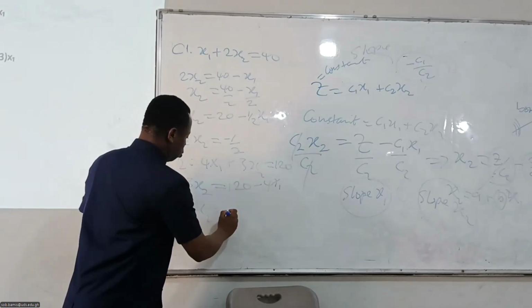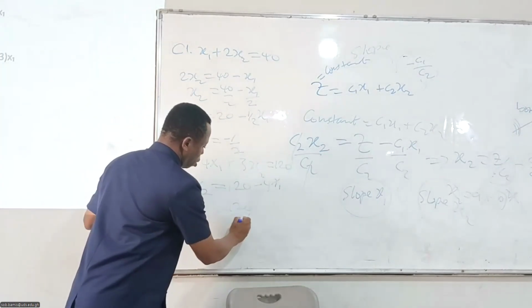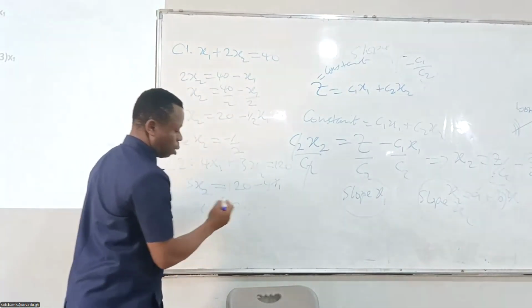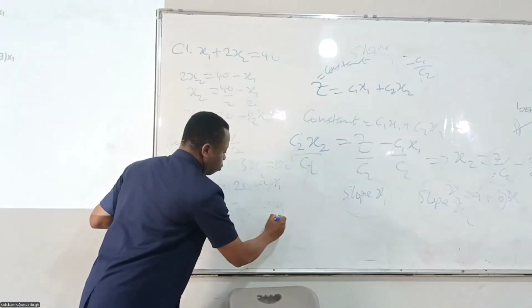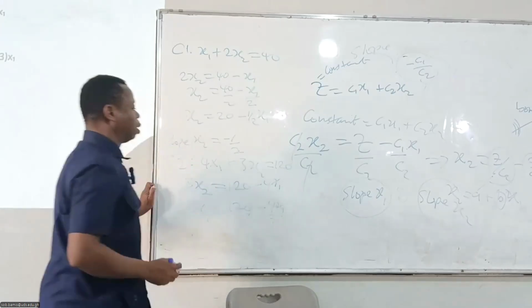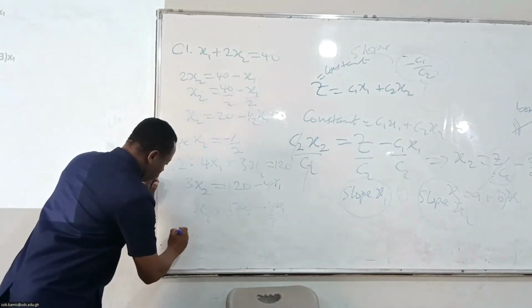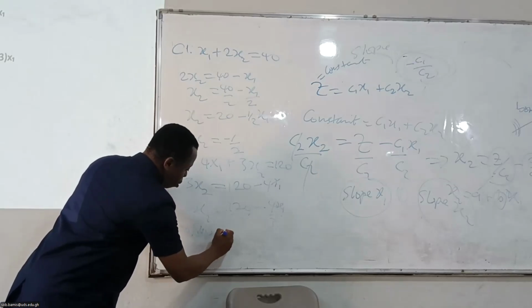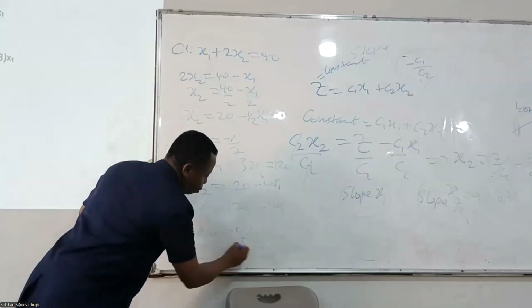X2 will be equal to 120 over 3 minus 4 X1 over 3. So what is the slope? The slope is minus 4 over 3.